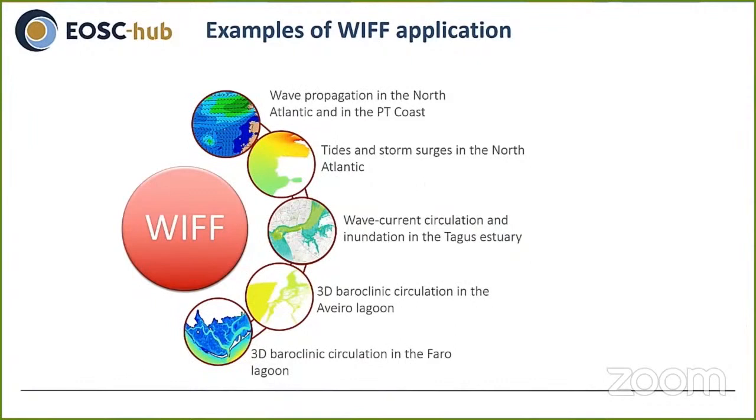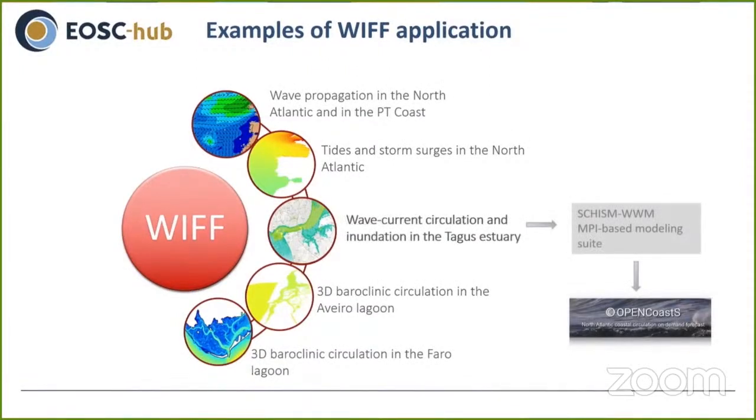Wave propagation in the North Atlantic and in the Portuguese coast, tides and storm surges in the North Atlantic, wave current circulation and inundation in the Tagus estuary, 3D baroclinic circulation in the Aveiro Lagoon, 3D baroclinic circulation in the Faro Lagoon. Regarding the wave current circulation and inundation in Tagus estuary, in this particular case, we use the SCHISM WWM MPI-based modeling suite, which is implemented in OpenCoasts.